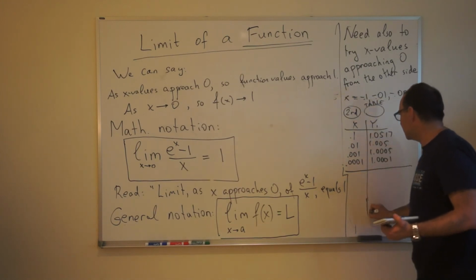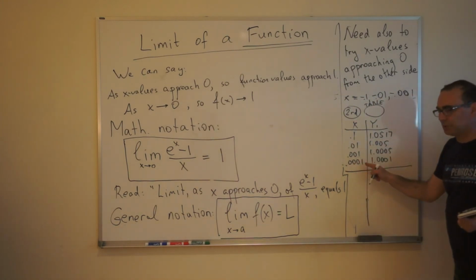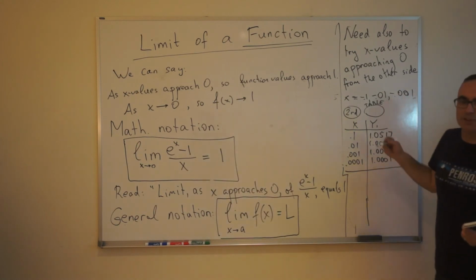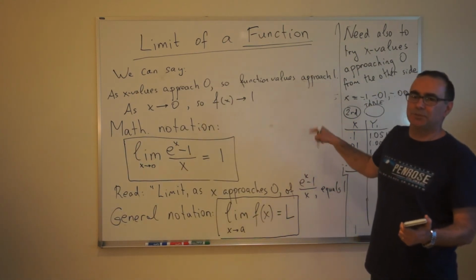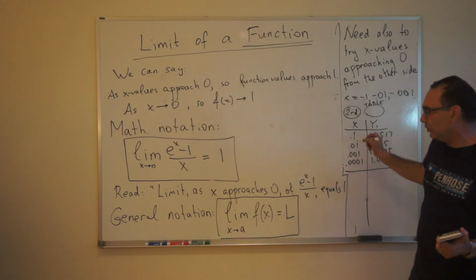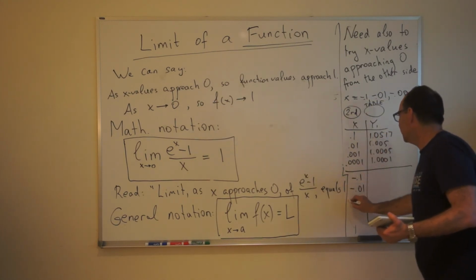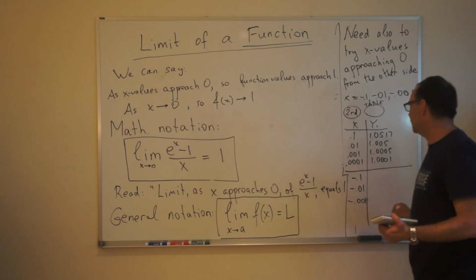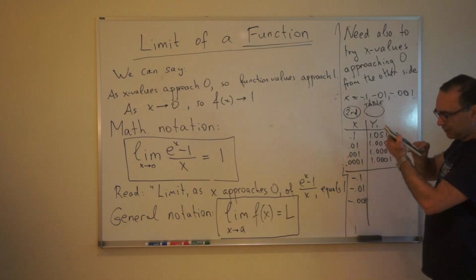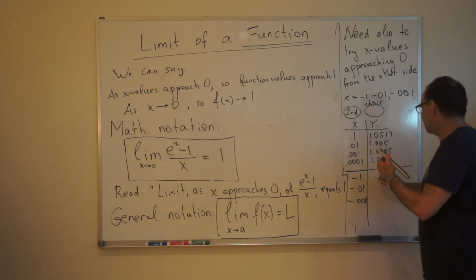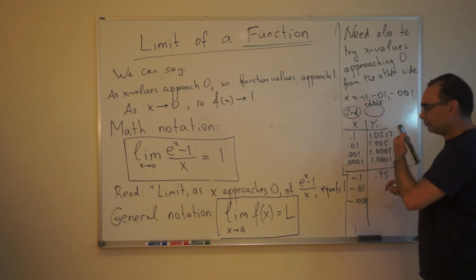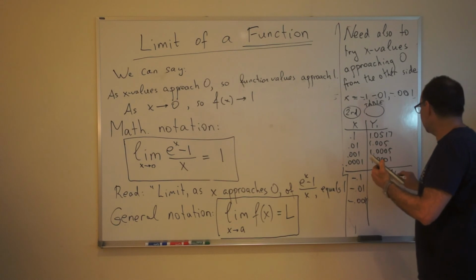So now the other half of my numerical experiment should be to plug in negative x values. Those negative x values will also approach 0, which means they will also be smaller and smaller, except they will approach 0 from the other side. They will be negative and small. I already said negative 0.1, negative 0.01, negative 0.001, etc. If I do that, with negative 0.1 the answer is actually quite different, 0.95163.